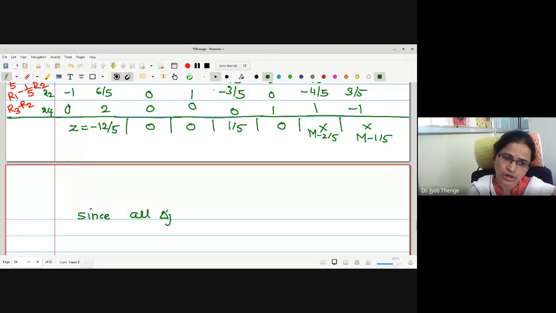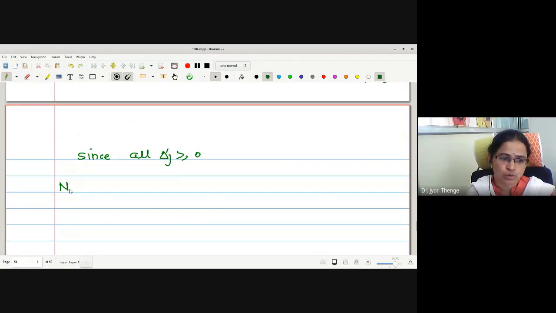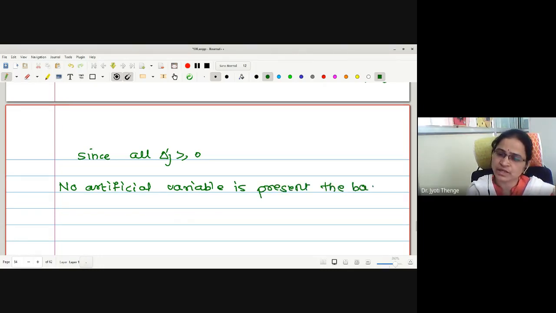Since all delta j's are non-negative, no artificial variable is present in the basis. It is not present in the basis means it is not a basic variable. Thus OBFS is obtained.